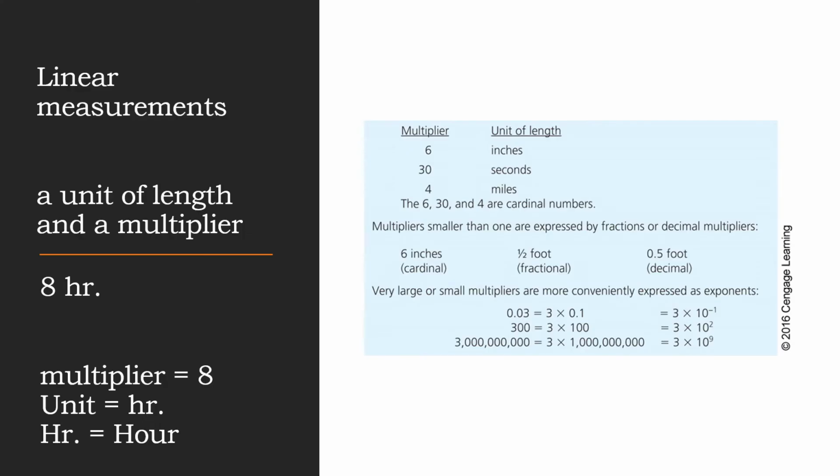All right, next one. So linear measurements, a unit of length, and a multiplier. Okay, so here, when you look at it, this is a bulky explanation of this, just a value with a unit. So here you have a unit right there, 8 hours. Okay, the value is 8, and then your unit, we're using time here in this case, measurement, 8 hours, and this is your unit.